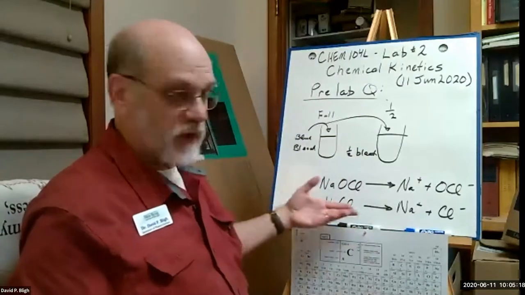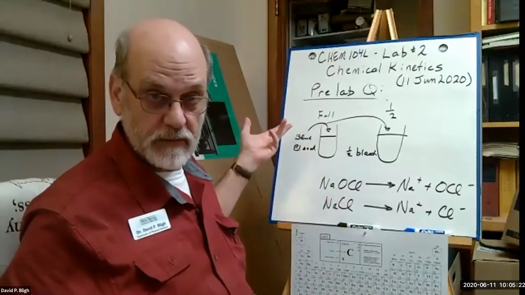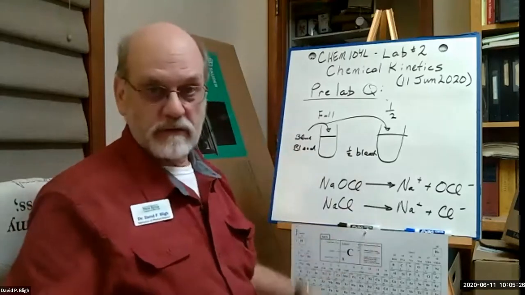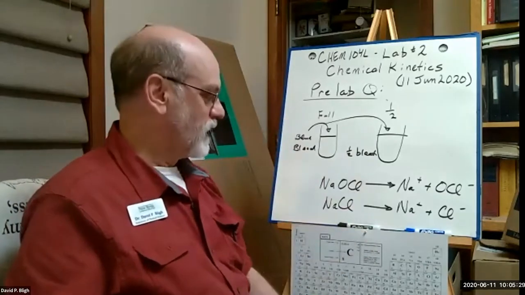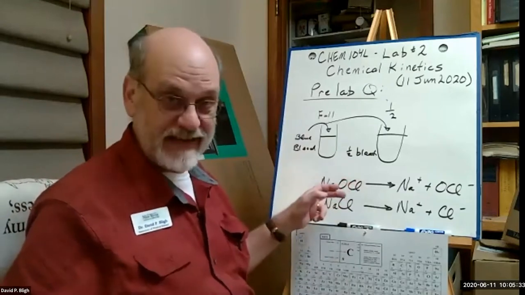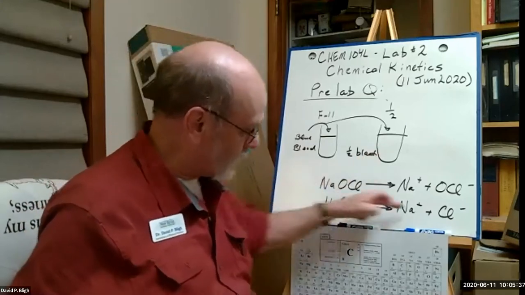If you just put sodium chloride in there at the same strength as the bleach, you get no reaction at all. So the only purpose here is to make sure that the ionic strength is maintained. So you put in half of this for that one, and the other half you make up with that one.